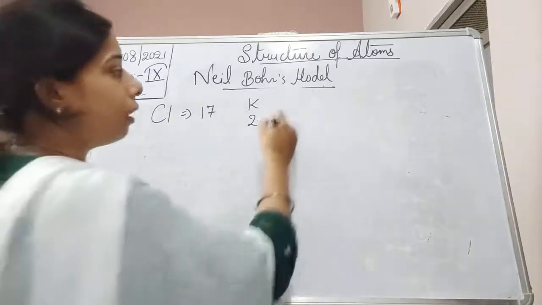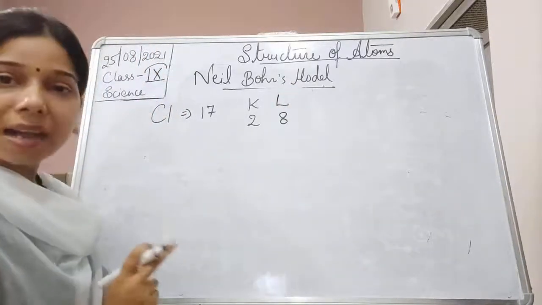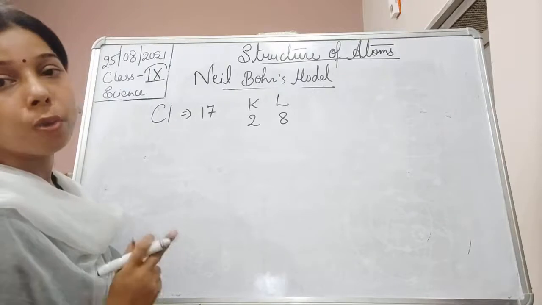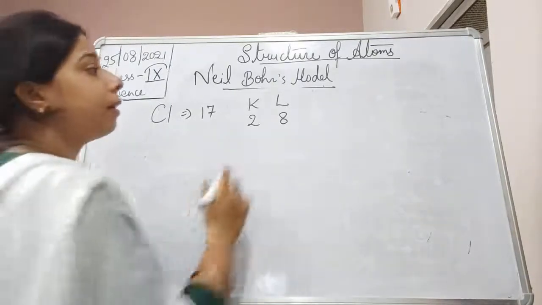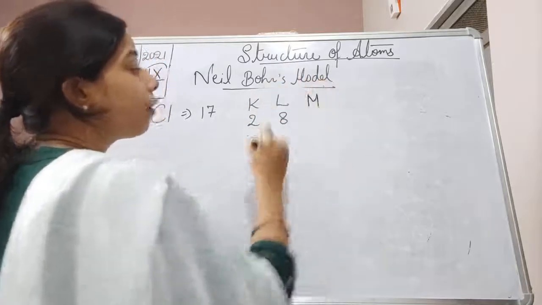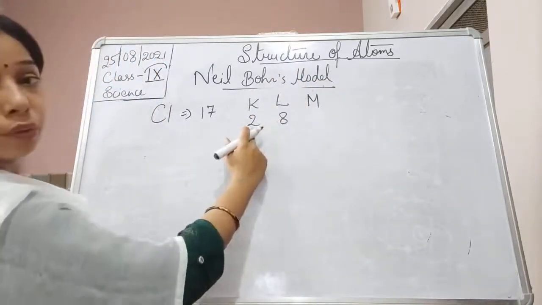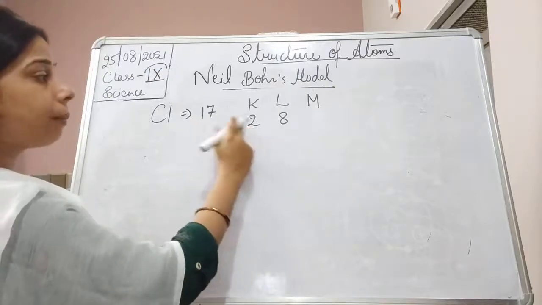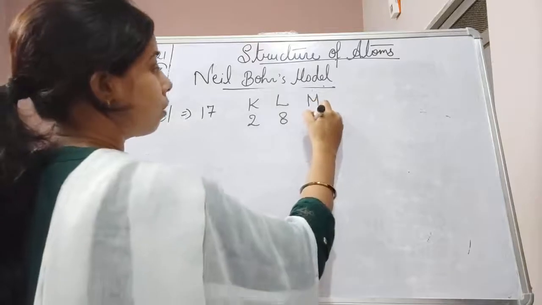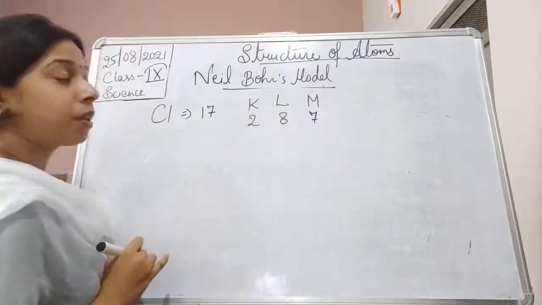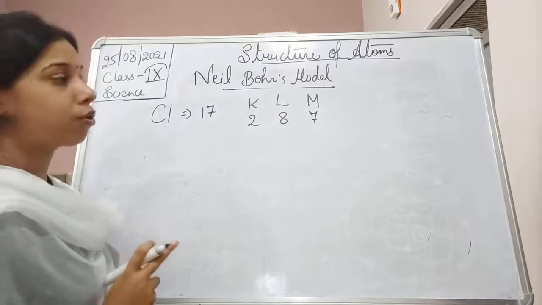Out of 15, only 8 will enter into the L shell, because we know that the maximum number of electrons accommodated by the L shell is 8 electrons only. Then how many are left here? It's still 8 plus 2, 10. 17 minus 10, that is 7. So 7 electrons are left here. So we will write here 7. So 7 is the number of electrons present in the outermost shell.